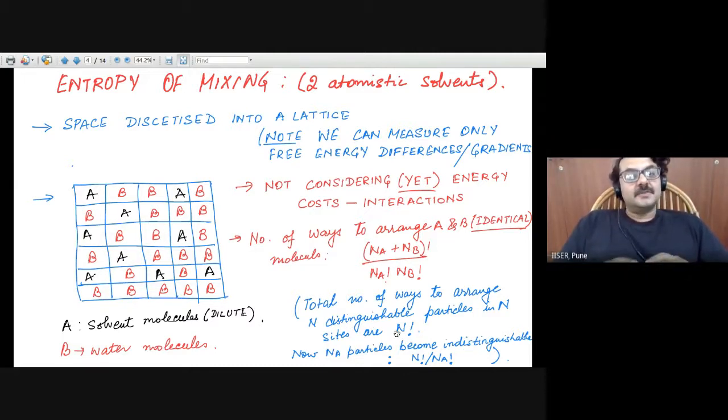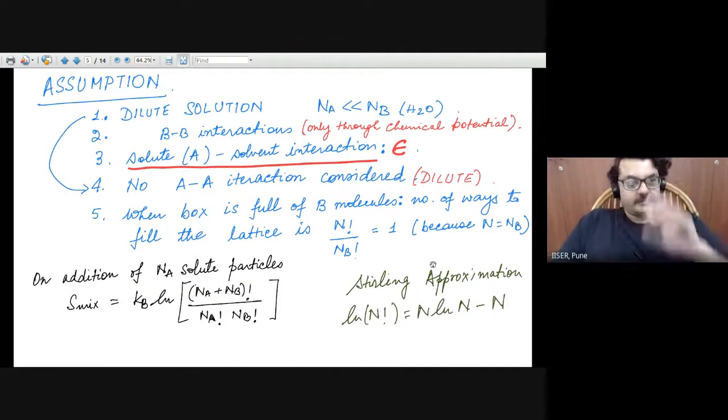But if you have A particles and B particles, then the total number of ways you can arrange the particles is Na plus Nb factorial. But then you could interchange all the Na particles and you could interchange all the Nb particles. As a consequence, the total number of ways to arrange is this formula, right?